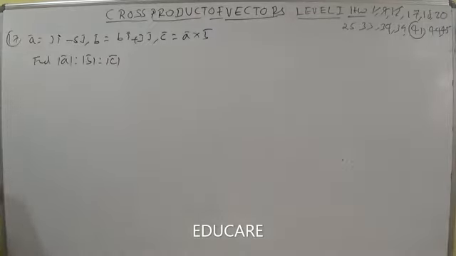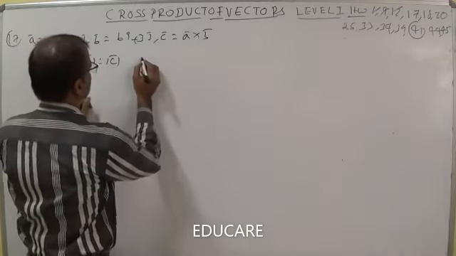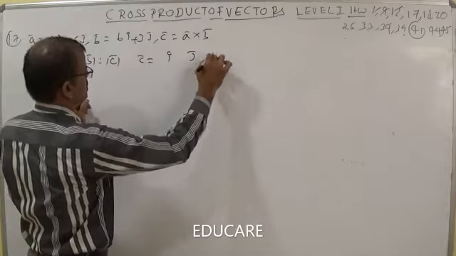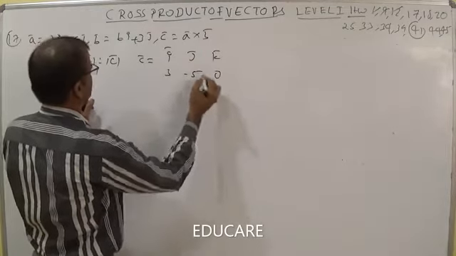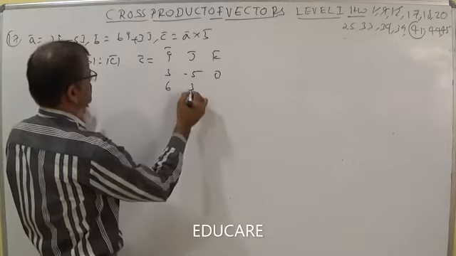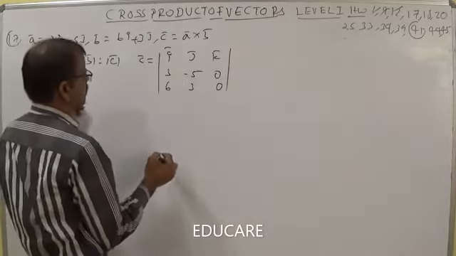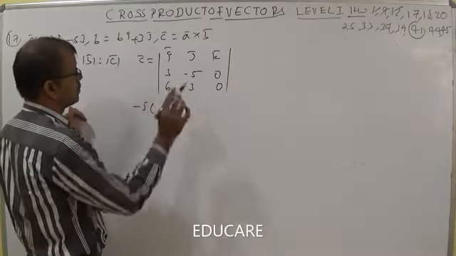So what is the modulus? The value of magnitude. So A and B are given. Using A cross B, you should calculate C. Put here I, J, K, and this is 3, minus 5, 0, and this is 6, 3, 0. Directly also you can calculate. I into 0, minus J into also 0.